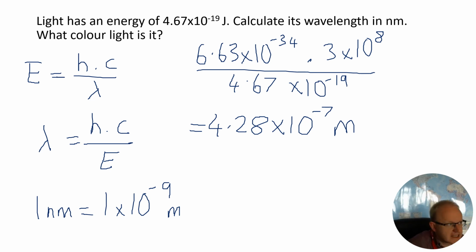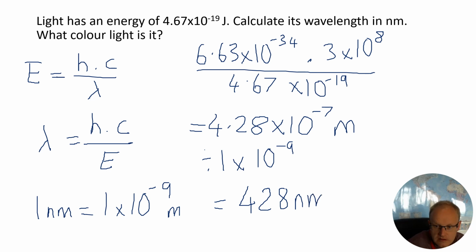So what we do is we take this number here and we divide it by 1 times 10 to the minus 9 to put it into nanometers. And that comes out as 428 nanometers.